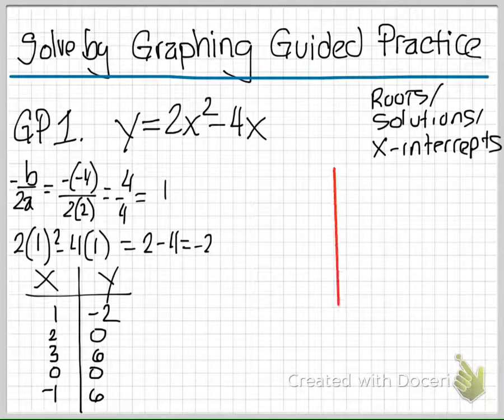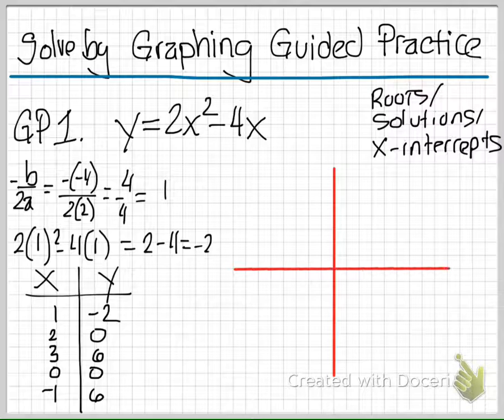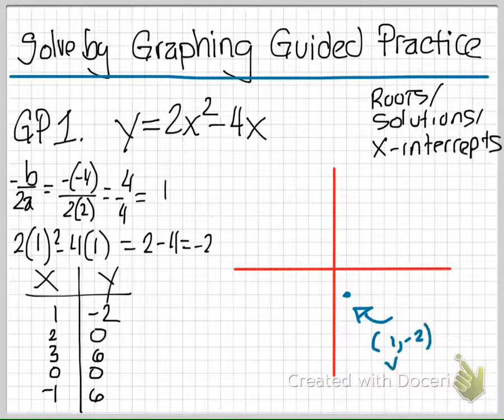Then you take your graph paper and create your xy axis. On this xy axis, you want to plot out your vertex at 1 and negative 2. I know that a is positive, so this is going to open upward. That means this is going to be my lowest point. That's my vertex.